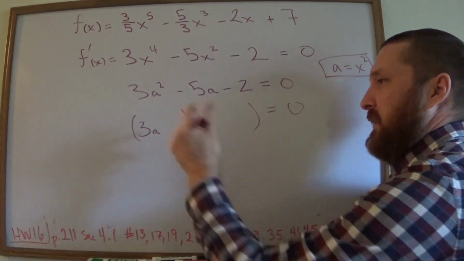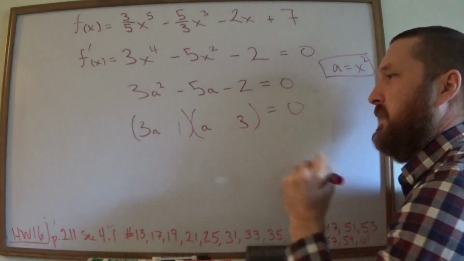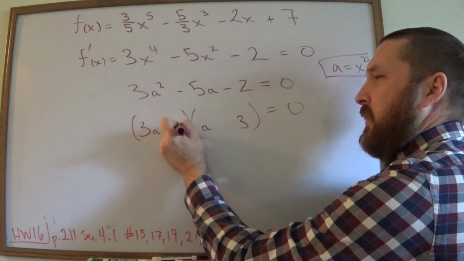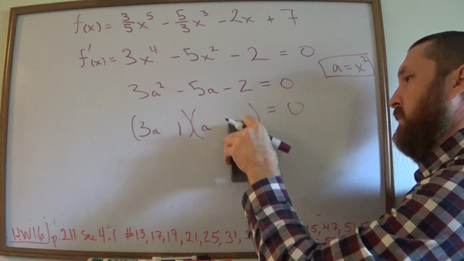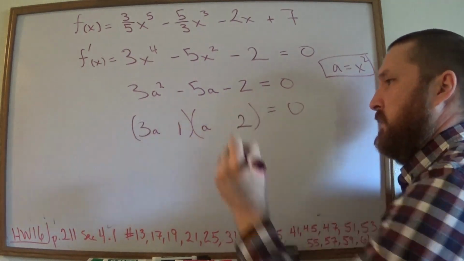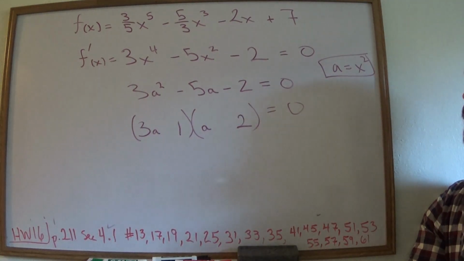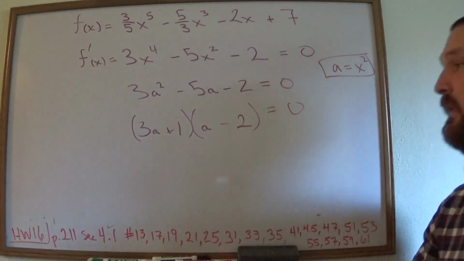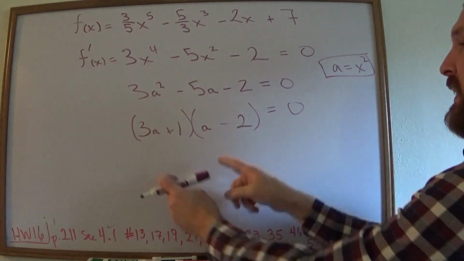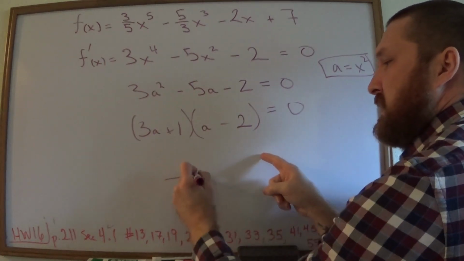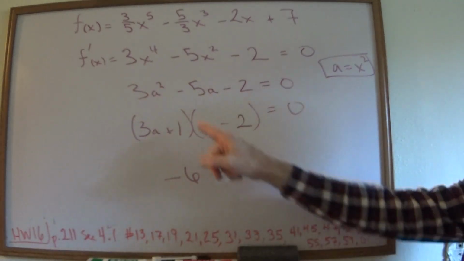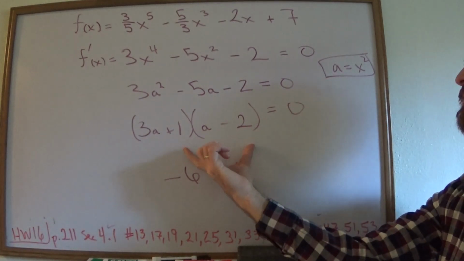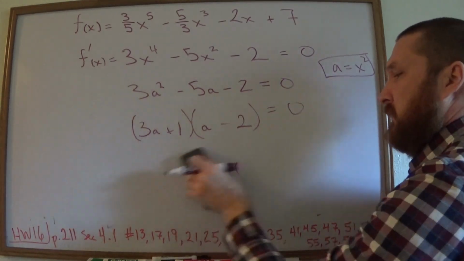Let's check. First gives you 3a squared. Outer gives you a minus 6, plus 1 does give you a minus 5. Minus 2, plus 1. I'm glad you guys remember how to do this.